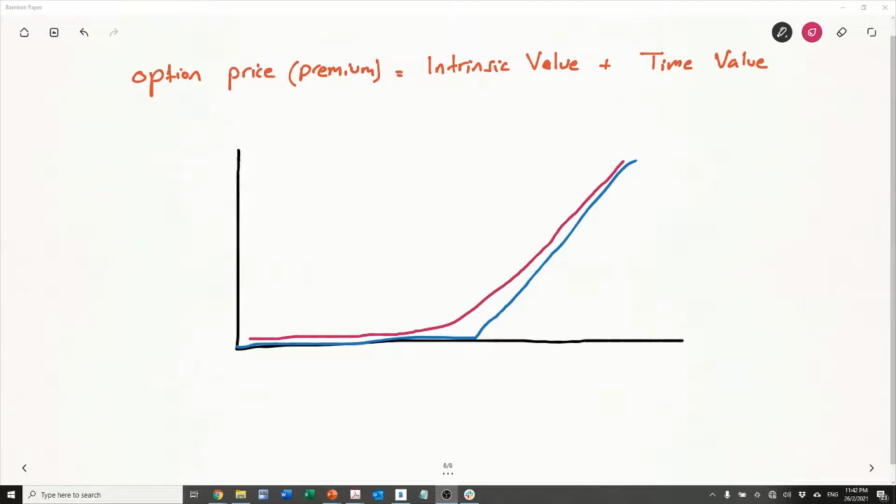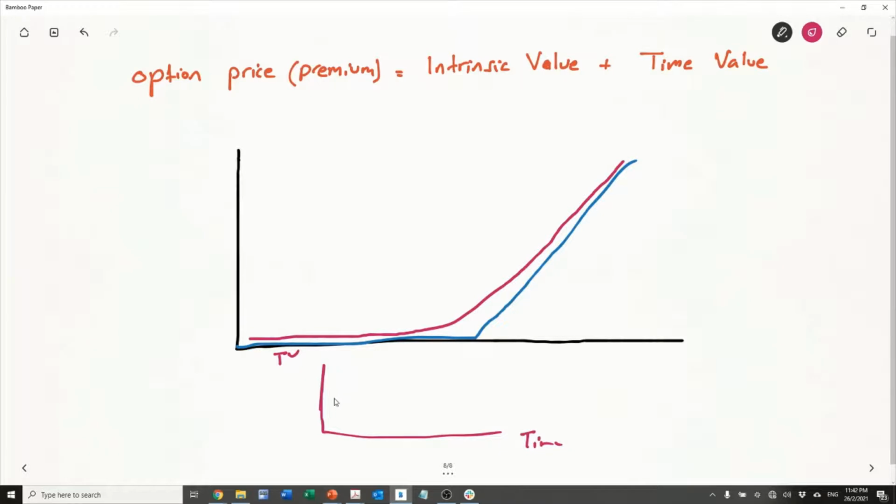And for a call option, it also means that it is possible for the option to expire with a higher intrinsic value. Now, as we come closer to the expiration date, so this, let's say, is the time, and this is the time value.